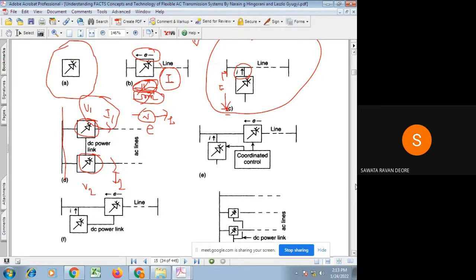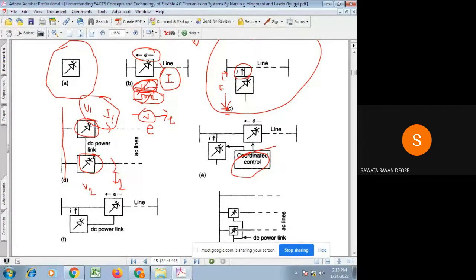One coordinated control can generate the firing pulses for their power-based FACTS controller devices, and accordingly they will inject the voltage in series with the line in order to fulfill your requirement.